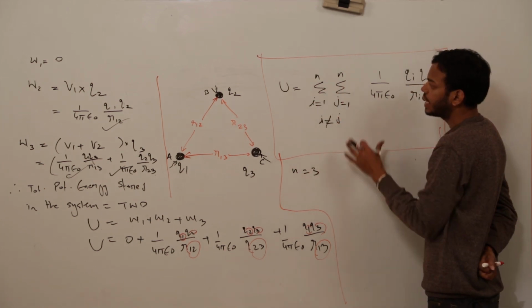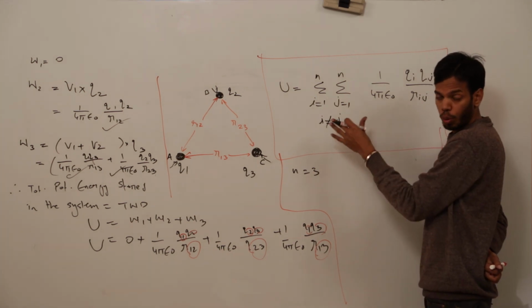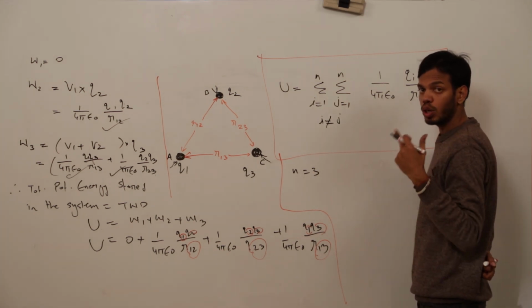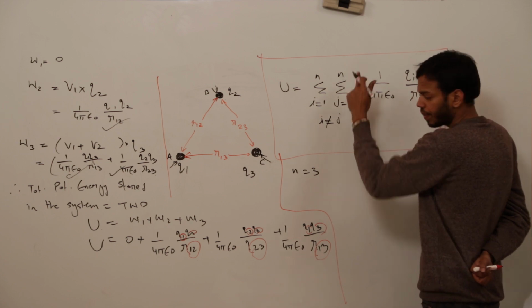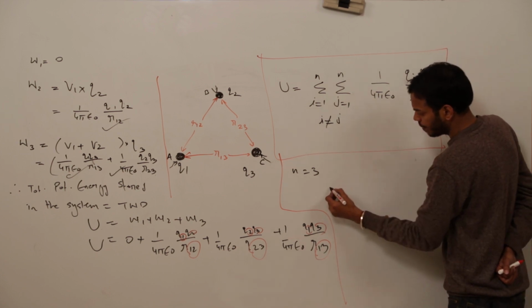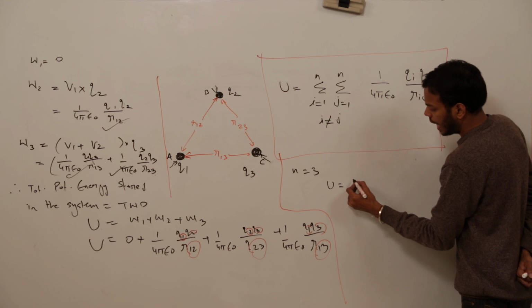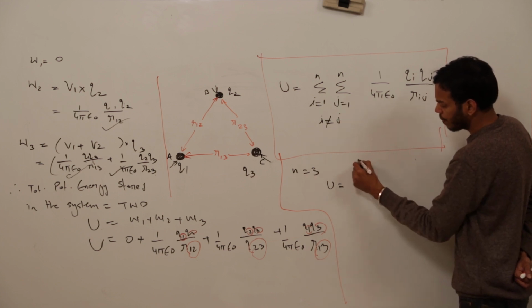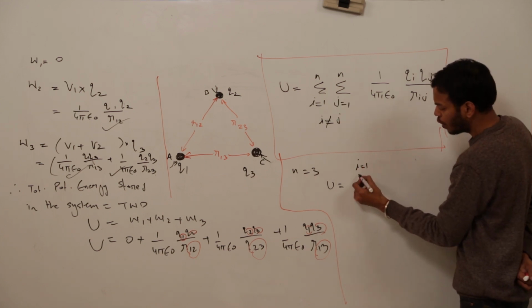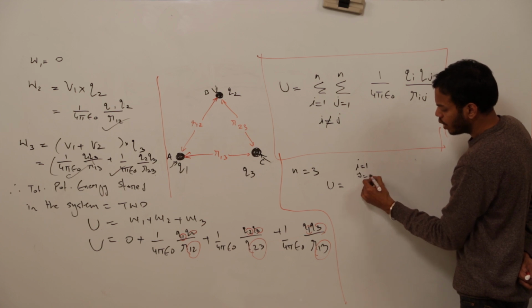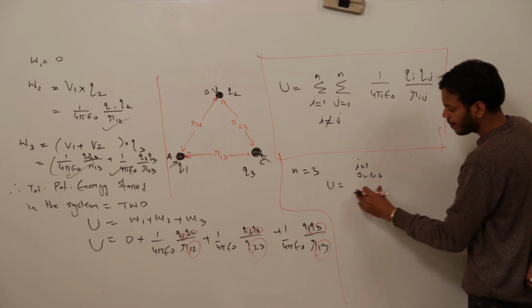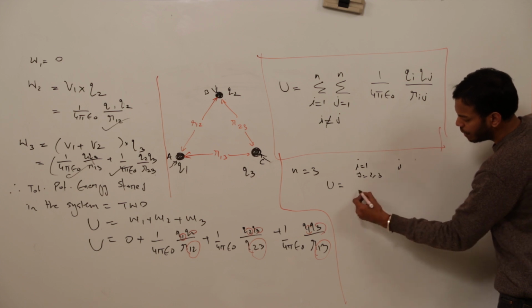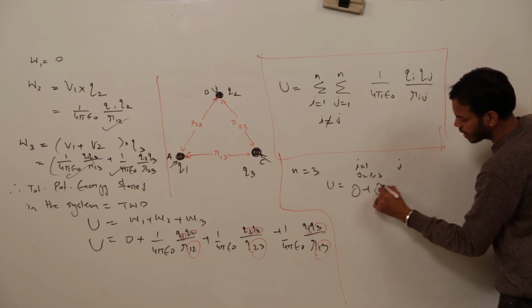If I have to open up this equation for I equal to 1 to 3 and j equal to 1 to 3, I would start with I equal to 1. For I equal to 1, what will be the value of j? 2 and 3 both, right? Then there will be basically two terms, one plus another term.